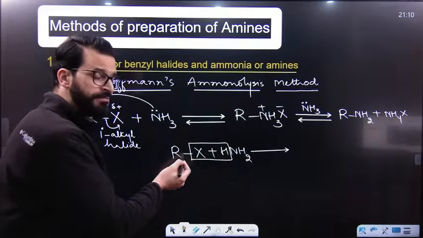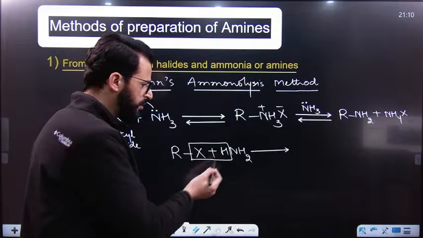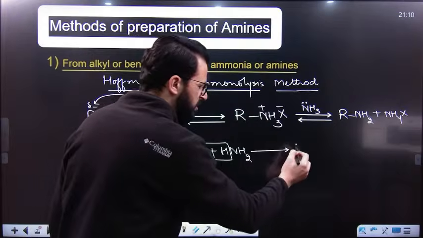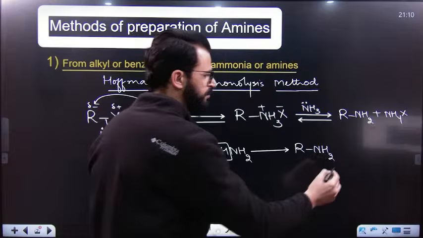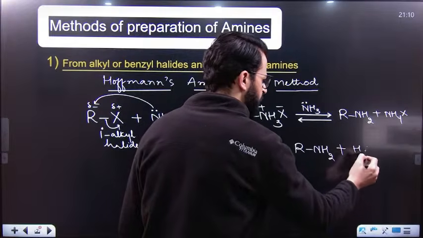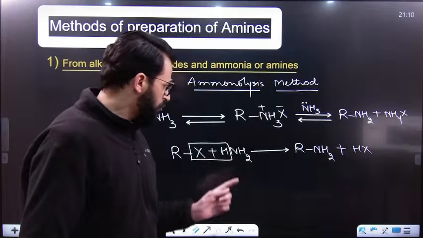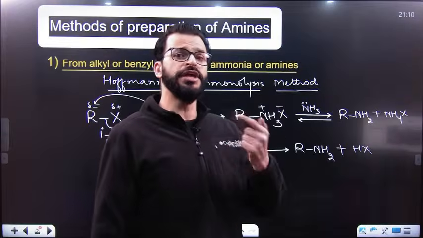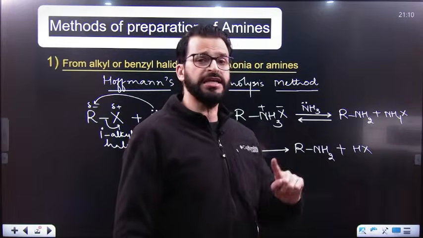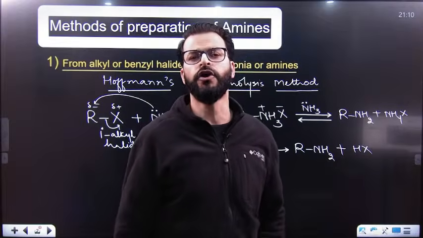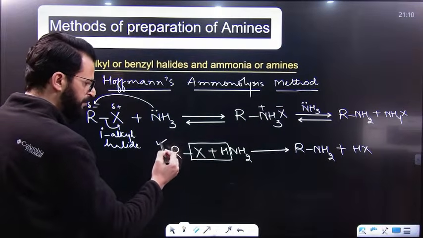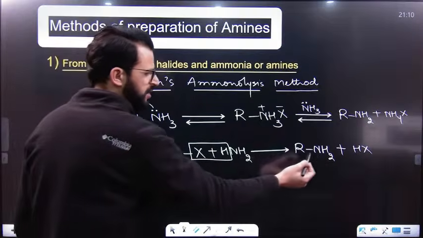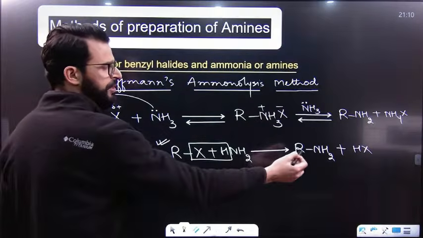That means one bond of this R is broken, one bond of nitrogen is broken. They will form a bond with each other and they will result in the formation of primary amine and HX will be formed. But as ammonia is there, if ammonia is taken in excess, this HX will react with ammonia and form ammonium halide. So this is the trick. So you can simply write down the reaction in this fashion and you will remember the reaction in this fashion.